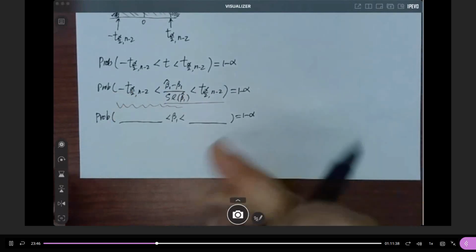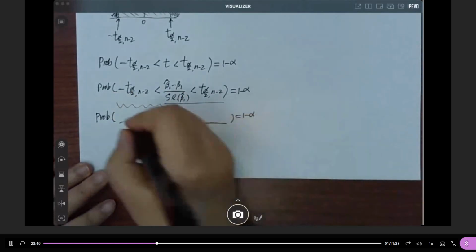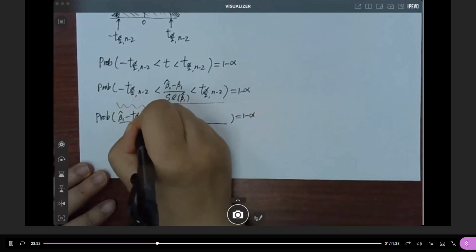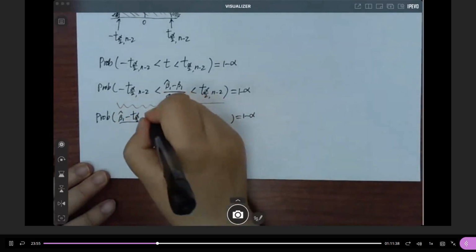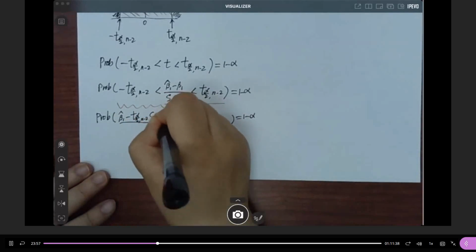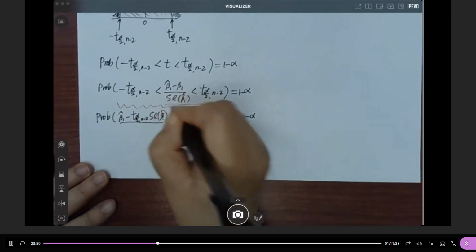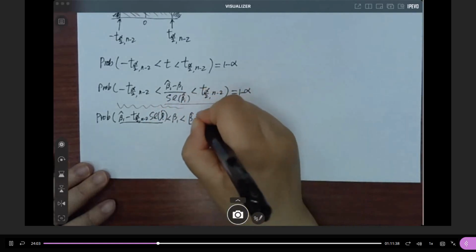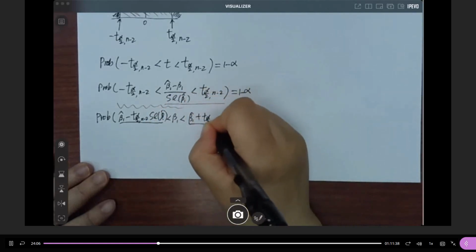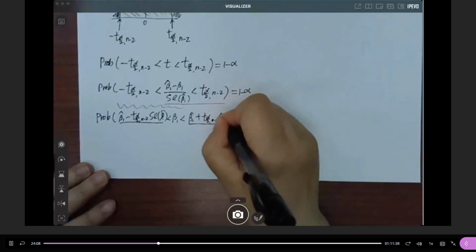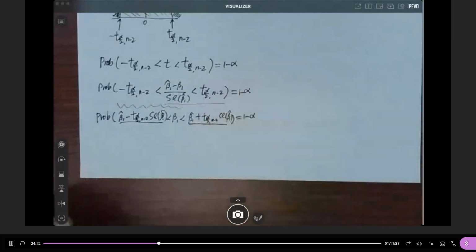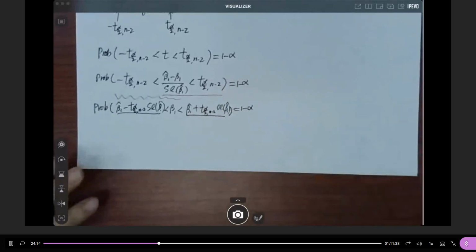So working on the two inequalities, you get the lower bound, which is beta 1 hat minus the threshold multiplied by the standard error of beta 1 hat. The upper bound will be beta 1 hat plus the threshold value multiplied by the standard error of beta 1 hat. So that's how we come up with the formula for the confidence interval.